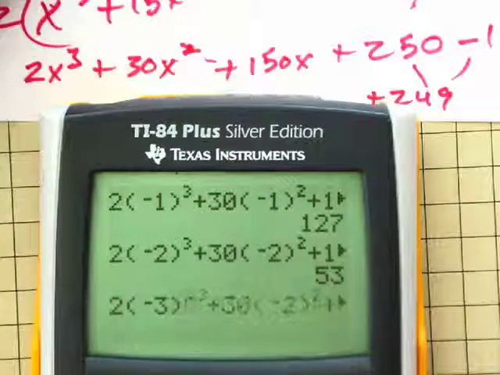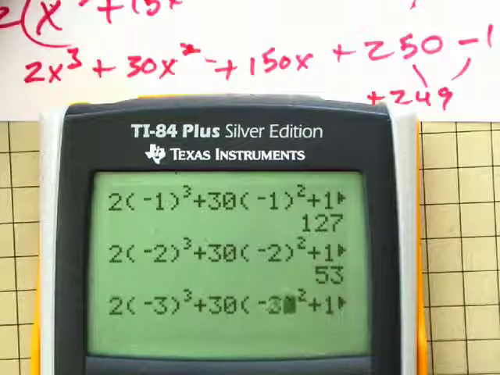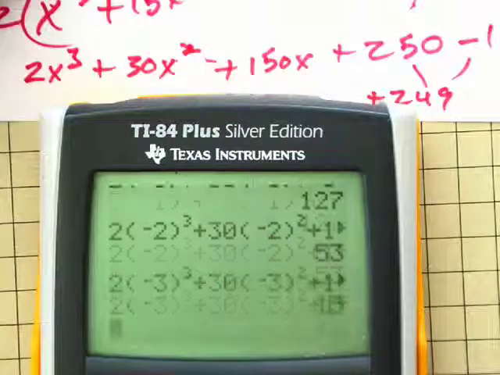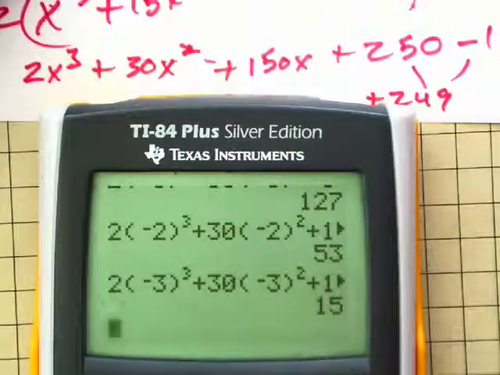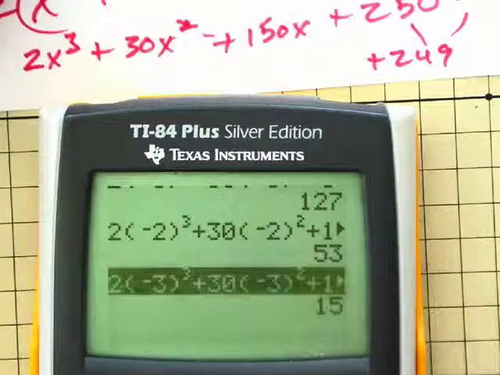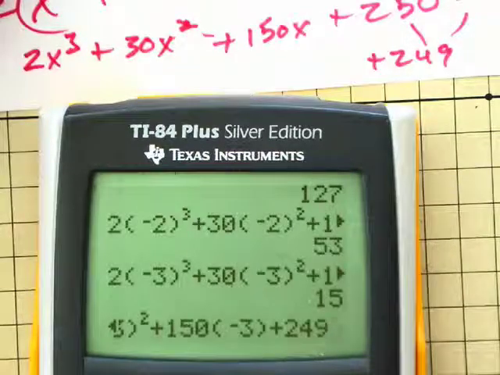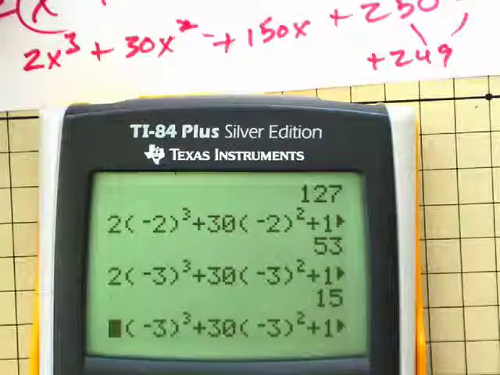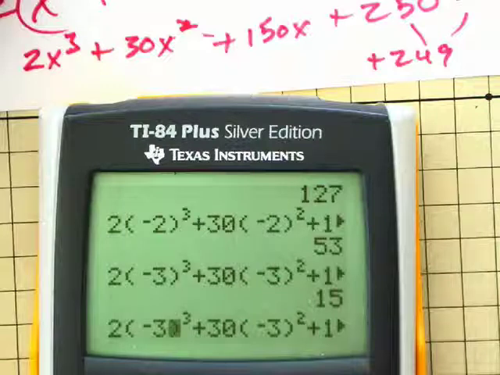Negative 3. So when it's negative 3, it's 15. And let's go through, change them all to negative 4 and see what happens when we have negative 4.